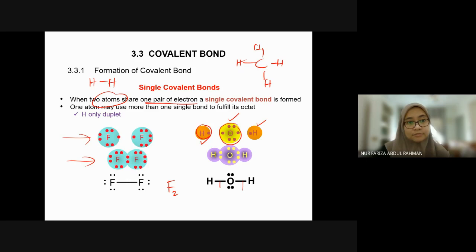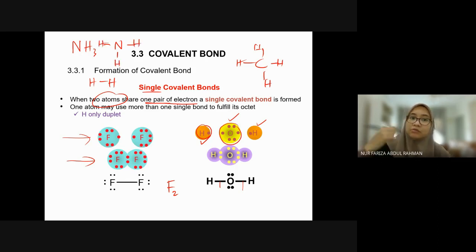The atoms involved in the bonding should share only 1 electron each. That is the concept for single bond, regardless. For example NH3, okay, NH3. So this is also a single bond.